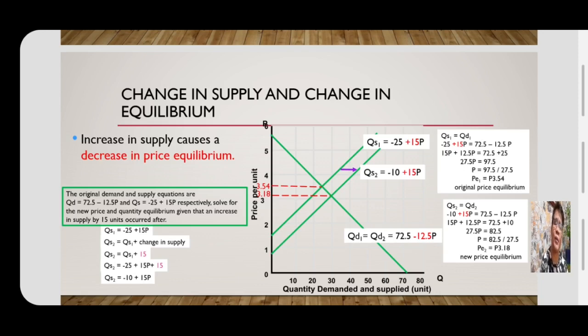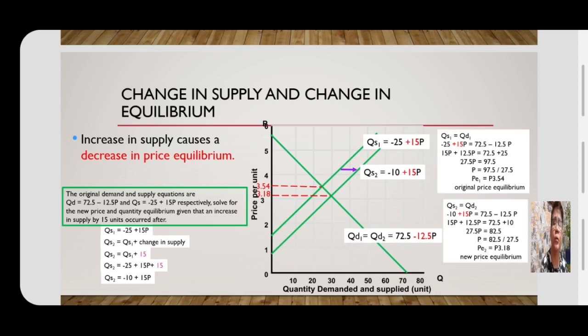So just the same as what we have done for the new demand equation and original demand equation, we can also derive our new supply equation by using our original supply equation and adding to it the amount of change in supply. The amount of change in supply is 15 units.